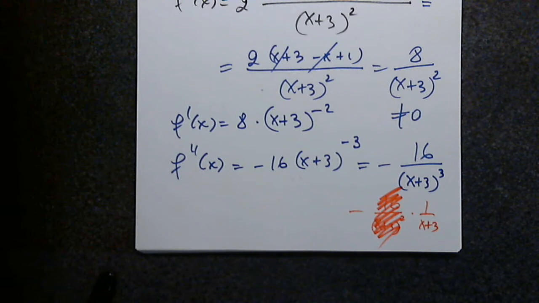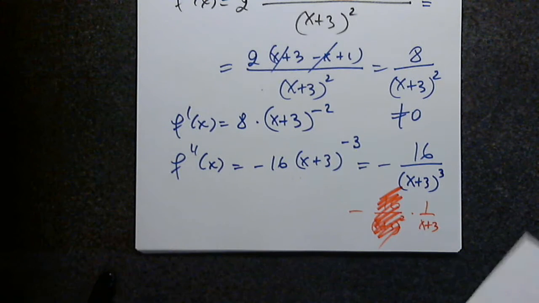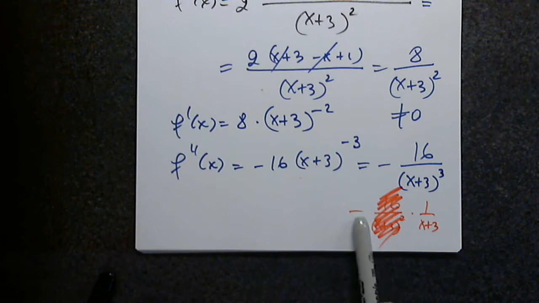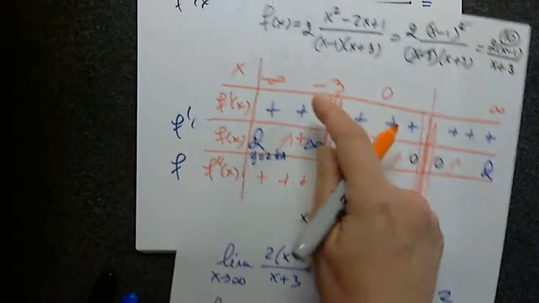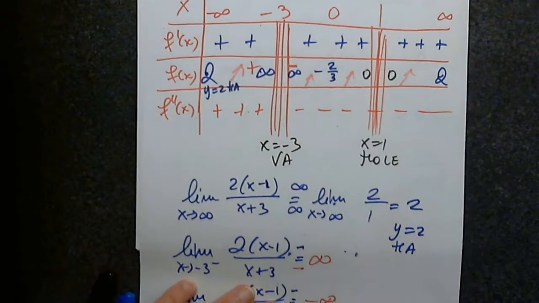So from all this, only this with this will give us the sign. So it's -x minus 3, basically. It looks like this. So it's coming from positive, at -3 will change sign and going to negative.